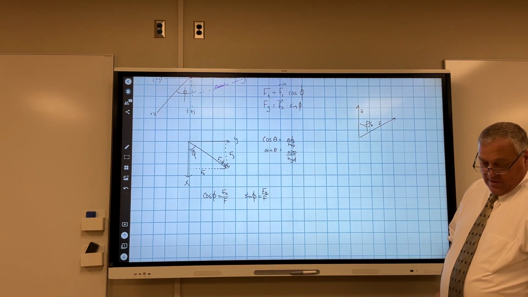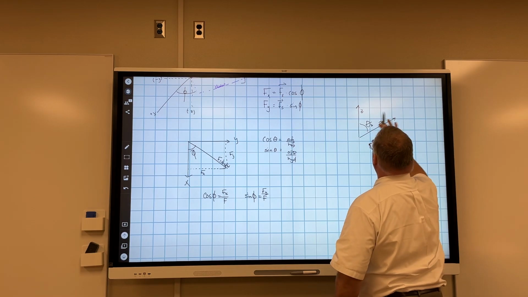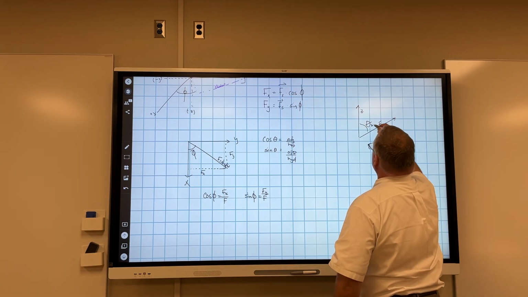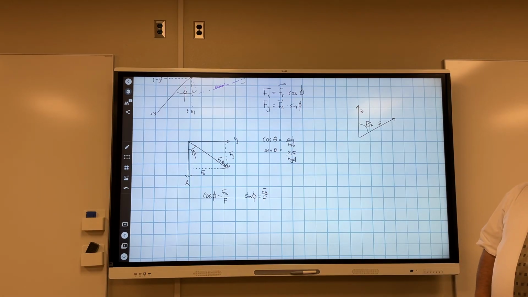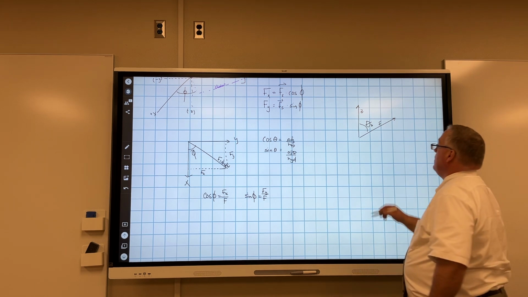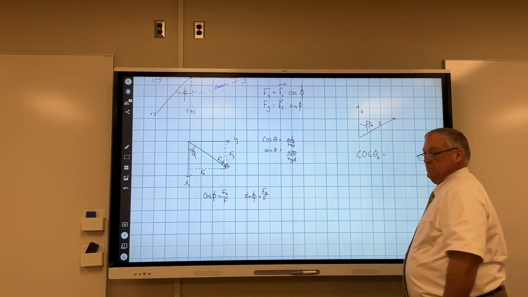Now, where is our relationship here? This is what type of relationship? Hypotenuse, adjacent: cosine relationship. So the cosine of theta Z is equal to what?